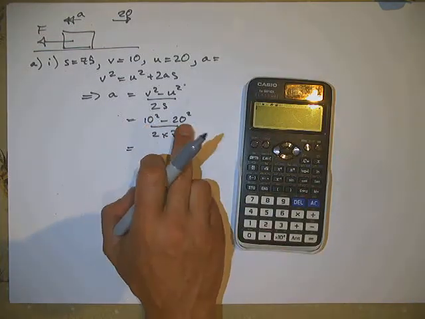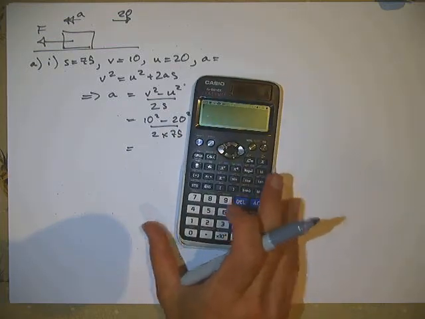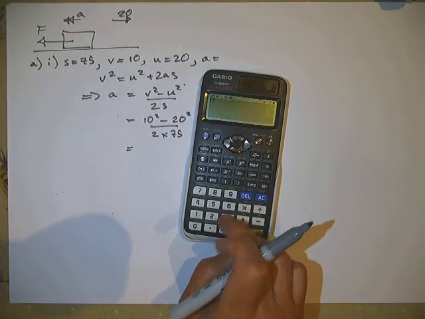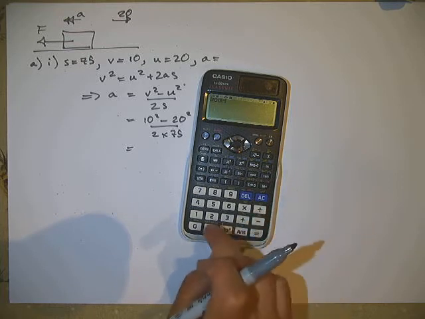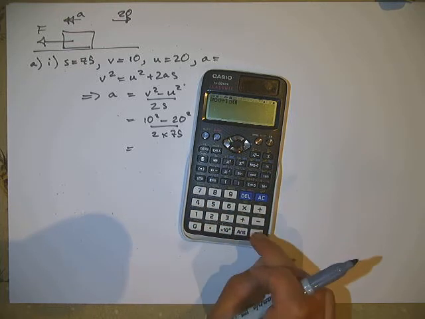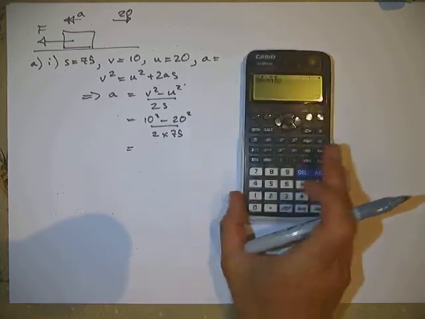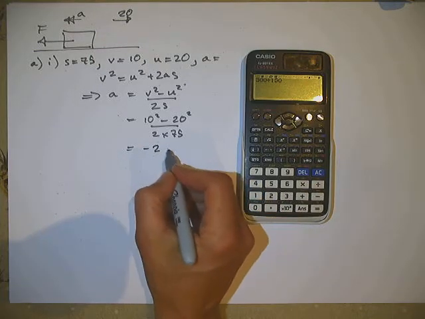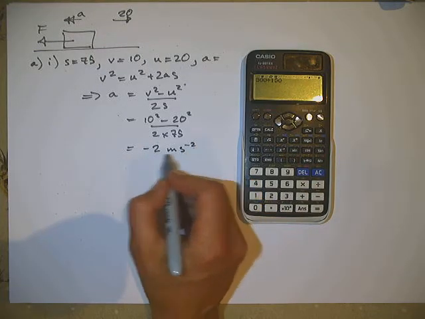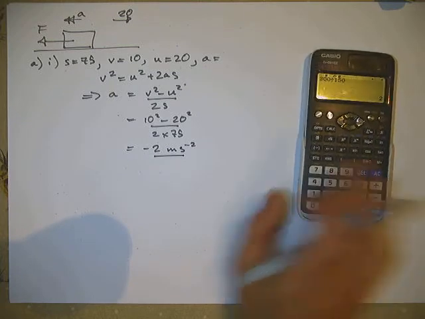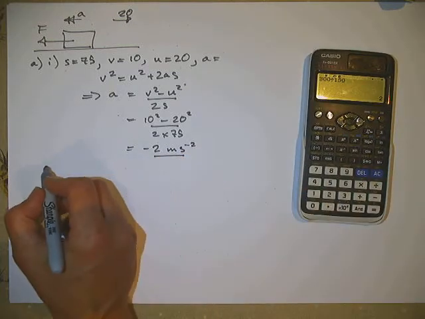If anyone writes that 10 squared take 20 squared is 10 squared, you deserve shooting. Am I really going to work this out like that? Of course I know 300, right, so minus 2 metres a second squared. That's nice, isn't it? Doesn't always work like that.